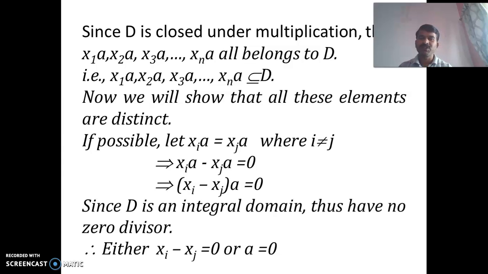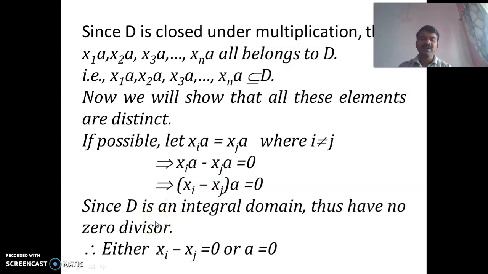Now we will show that all these elements are distinct. If possible, let xia equal xja, where i is not equal to j. Then we can take xja to this side, so (xi minus xj) times a equals 0.